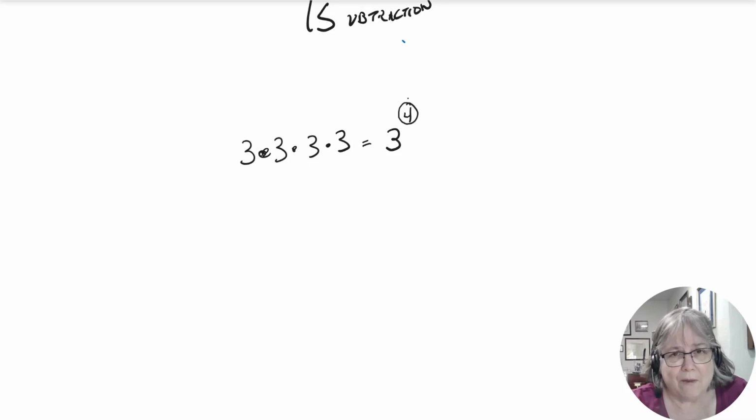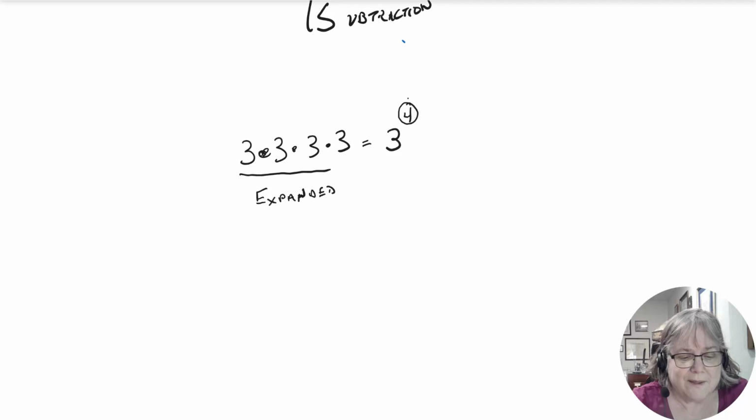It does not mean 3 times 4, which is 12. It means there were 4 3s originally. So this was considered kind of expanded form because they take up more room. And this is exponential form because it has an exponent in it.